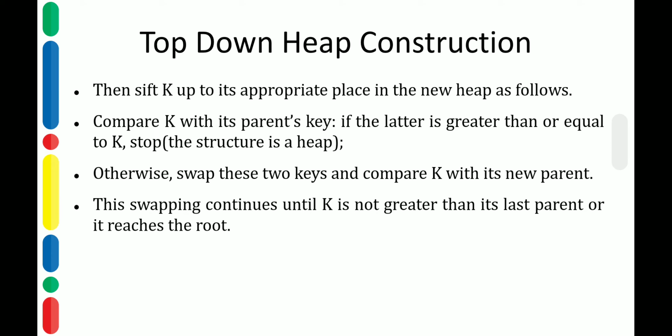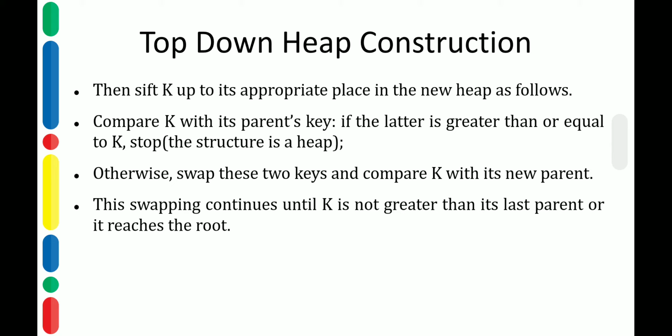After inserting it, we check whether this new insertion satisfies the parental dominance. Because this is the last leaf node, it can only move in the upward direction. So we shift this k up to its appropriate place.